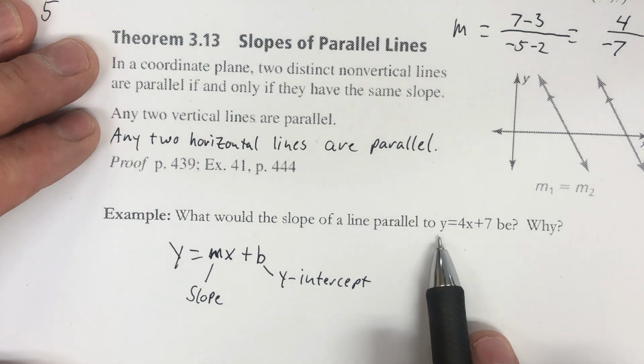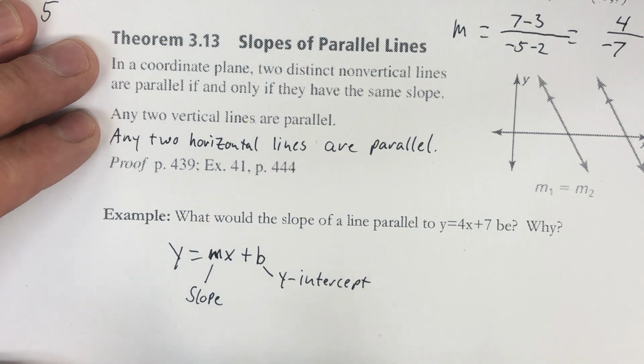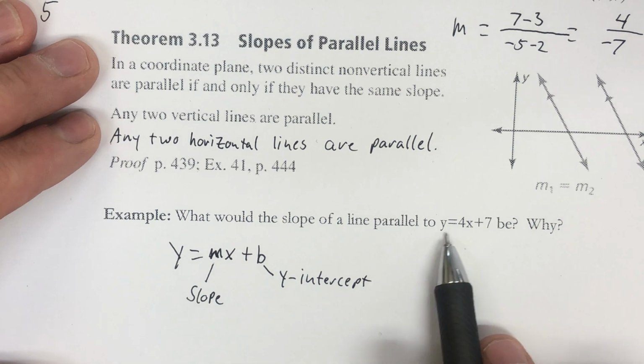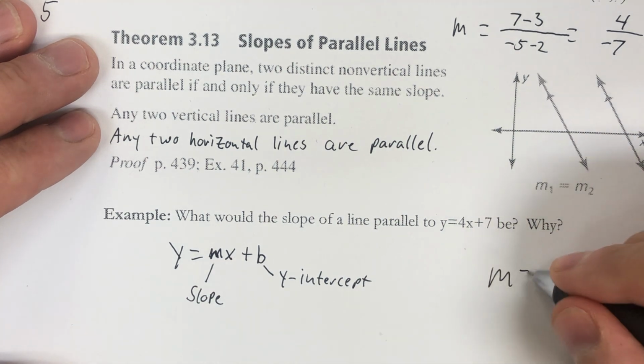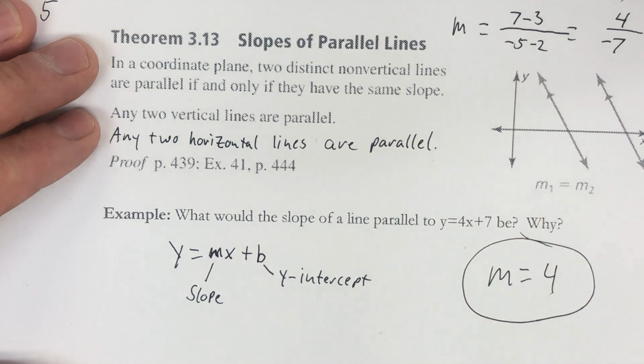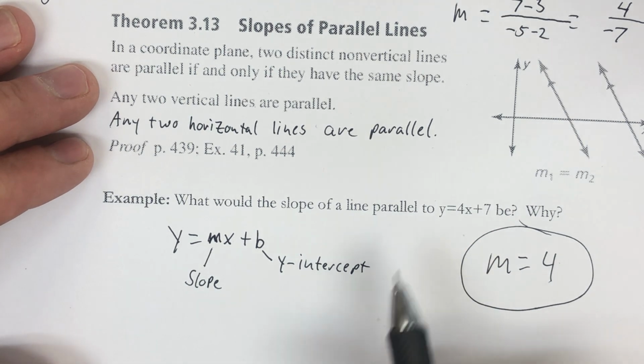So when I look at this line, y is already isolated. If it's not, I would have to isolate y before I say what the slope is. So it needs to say y equals. In this case, y equals 4x plus 6, or plus 7. The slope is 4, the coefficient of x. So we're going to have to identify the slopes of lines given an equation as well.